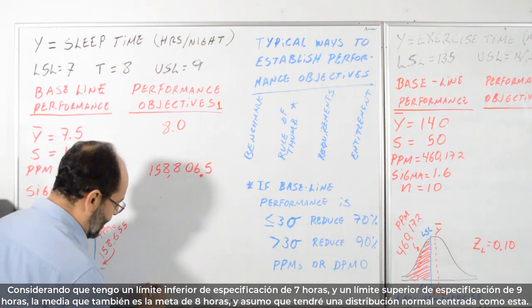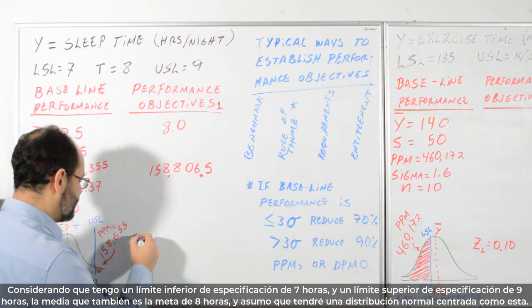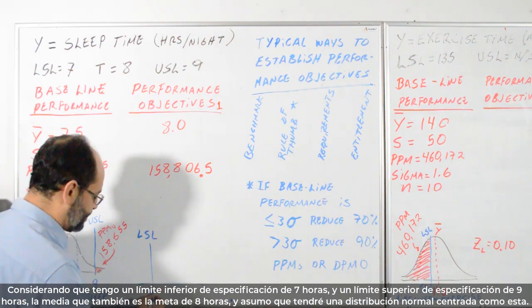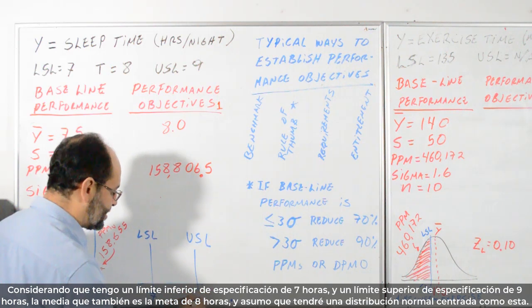I want to have my normal distribution, my lower specification limit, which is 7 hours, and an upper specification limit, which is 9 hours.